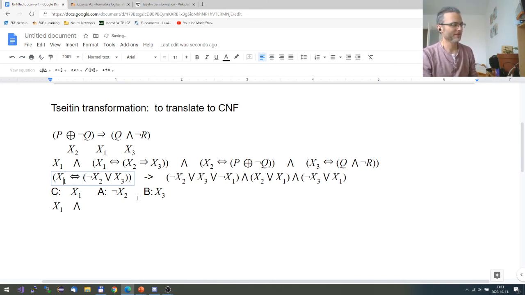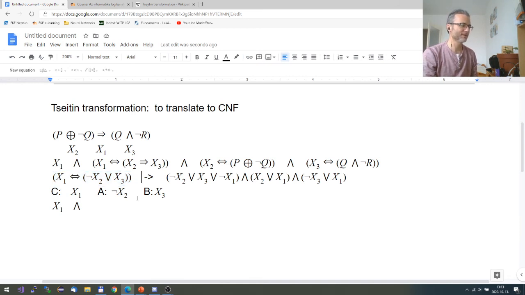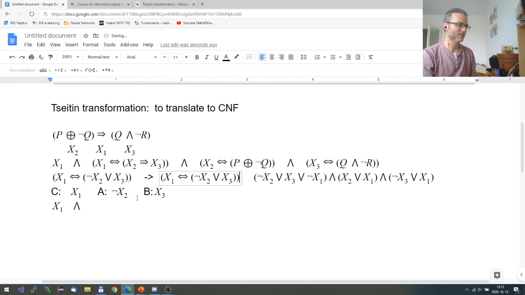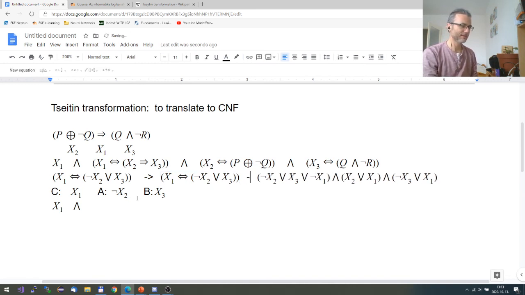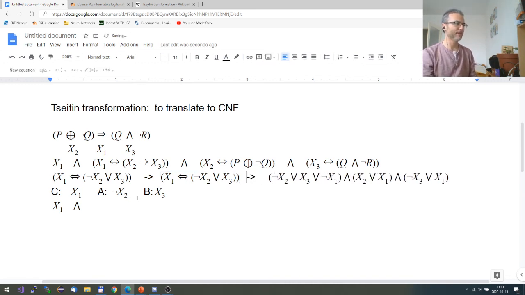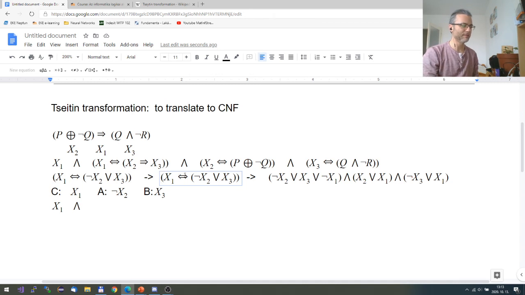Okay, it's not that complicated, you will see. Let me just show you, we still have some time. So how we translate this equivalence. Here you have an equivalence. You learned before that equivalence can be eliminated by translating it to two implications.